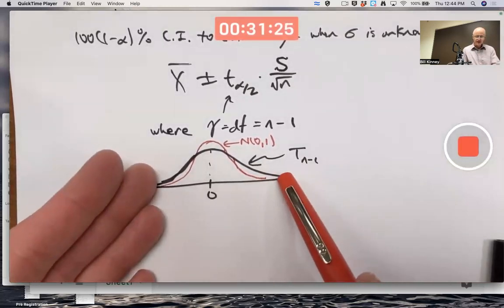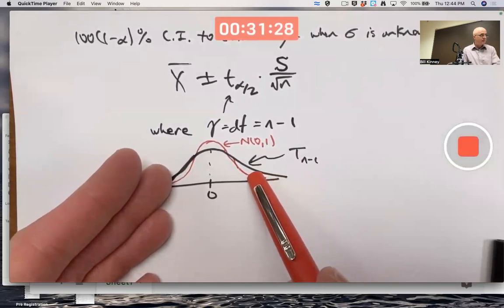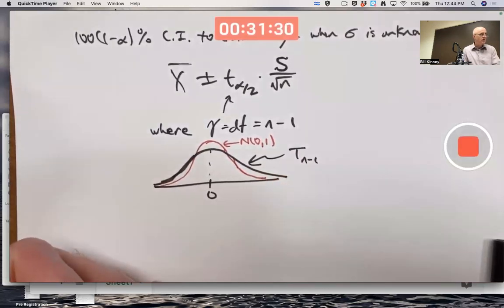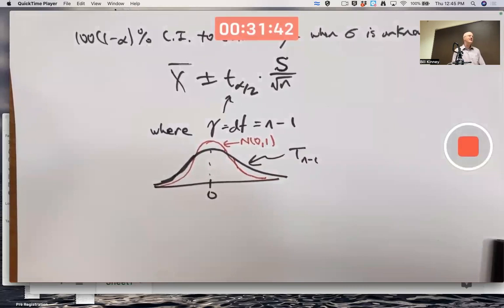As the degrees of freedom gets larger, the black curve looks more and more like a normal curve. You could say in the limit, as n goes to infinity, they merge. They approach each other. So when n is large, you can kind of get away with using a normal distribution, if you really wanted to, and it would give you approximately the same answer.